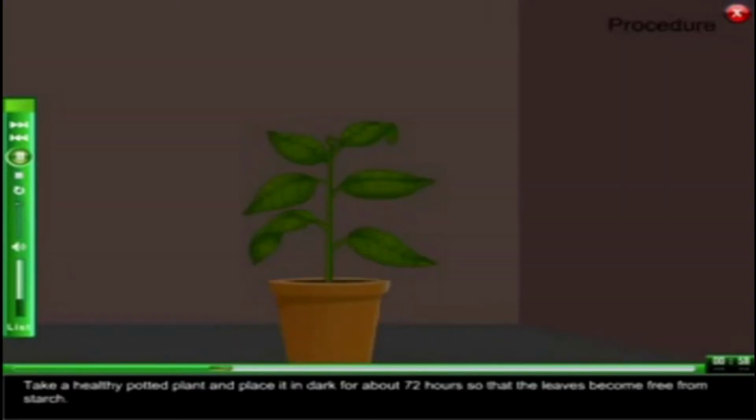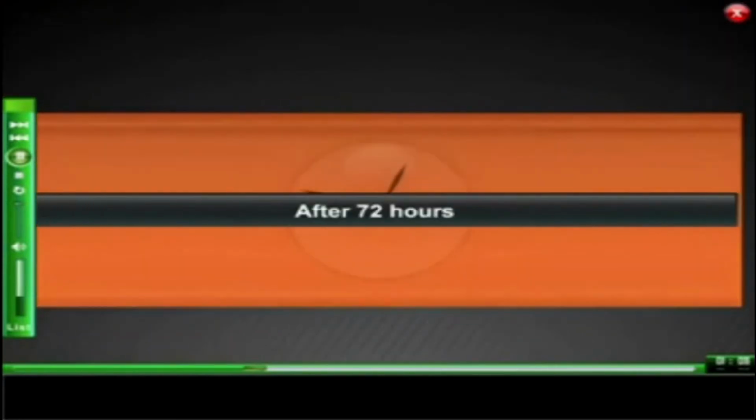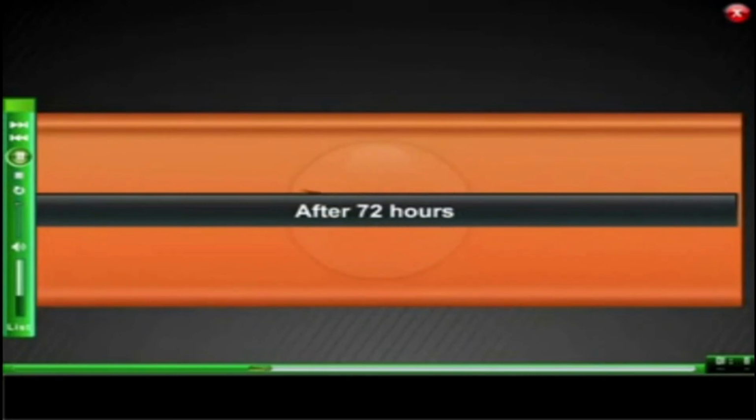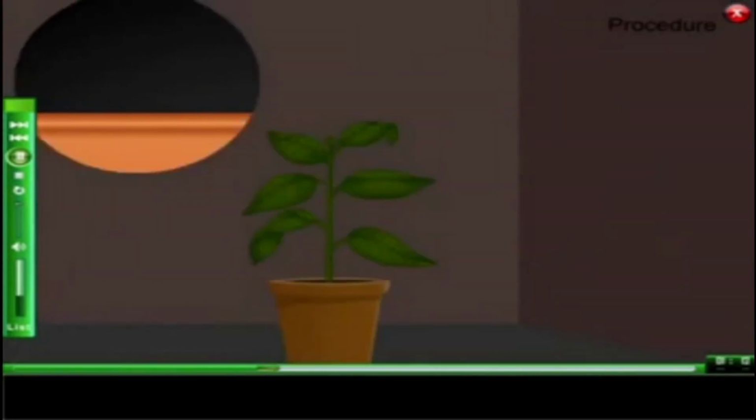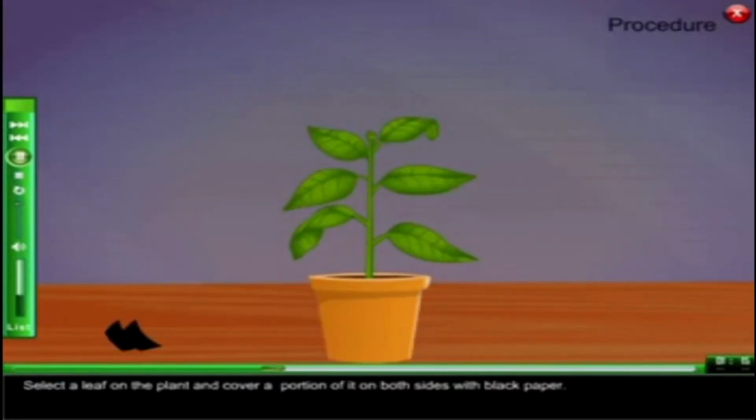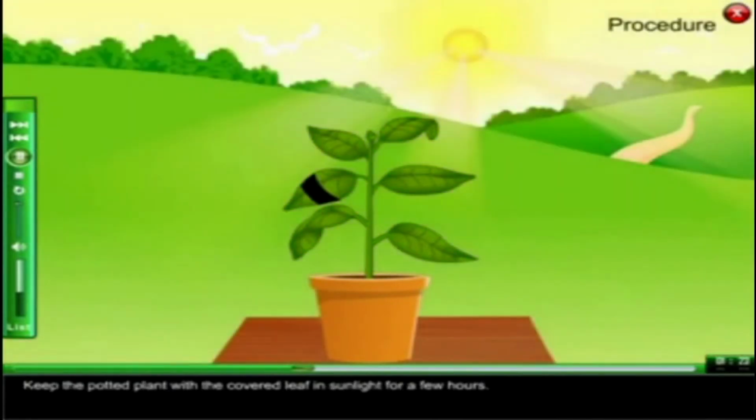Take a healthy potted plant and place it in the dark for about 72 hours so that the leaves become free from starch. After 72 hours, select a leaf on the plant and cover a portion of it on both sides with black paper. Keep the potted plant with the covered leaf in sunlight for a few hours.